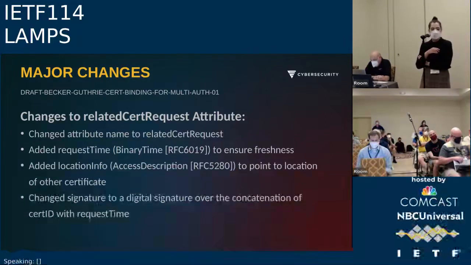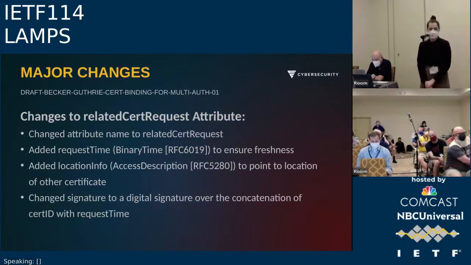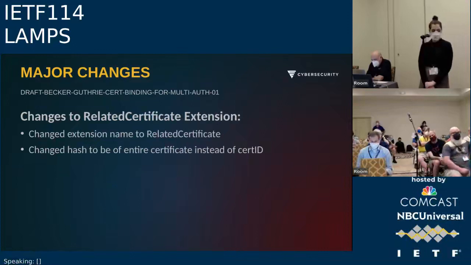We kept one of our fields the same, and this is just the issuer and serial number field. And then last, we changed the signature. So originally the signature was just over that issuer and serial number. And so now what we're doing is concatenating that value with the request time and then signing. Next slide.